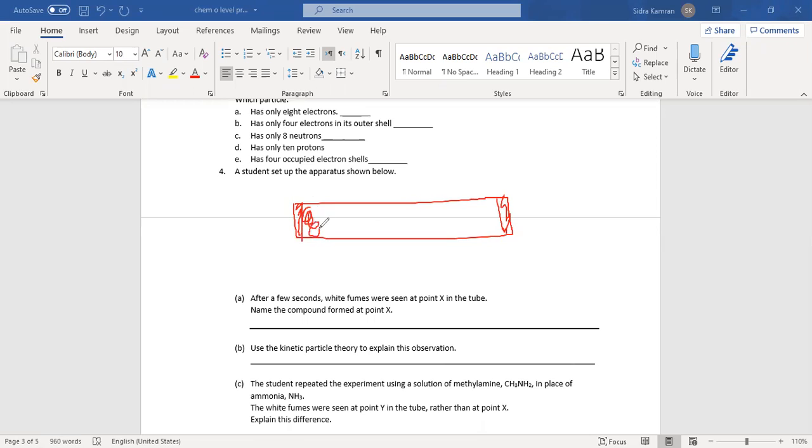Here cotton wool soaked in concentrated HCl is placed.